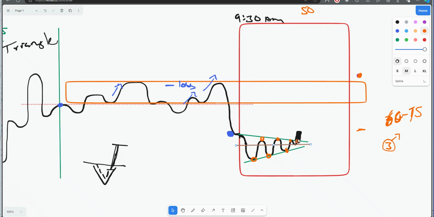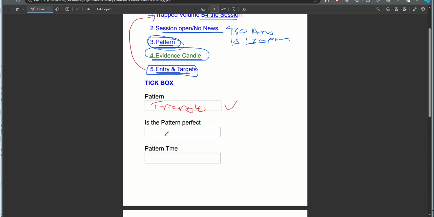Here they didn't come all the way down, so this and this one is 1 touch. So most likely the 3rd touch is going to be the breakout. Okay, so was this pattern perfect? Yes. Why? Because it has 3 touches down and 3 touches up.